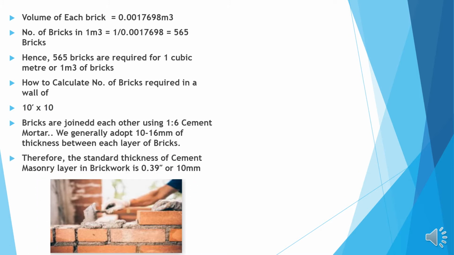Therefore, the standard thickness of cement mortar layer in brickwork is 0.39 inches or 10 mm. When I say the brickwork mortar joint, this is the area I am talking about. This is generally 10 mm we consider, that is 0.39 inches.